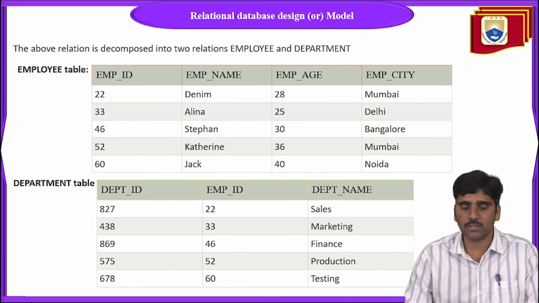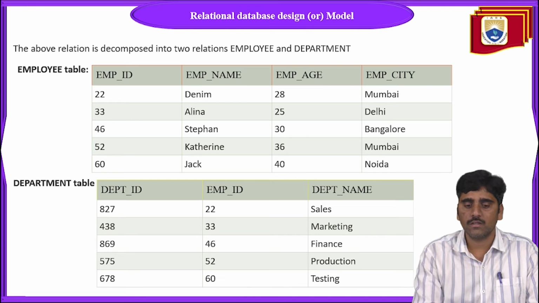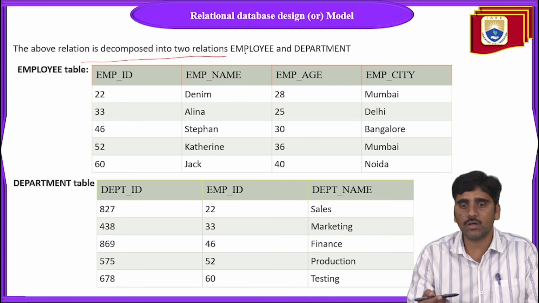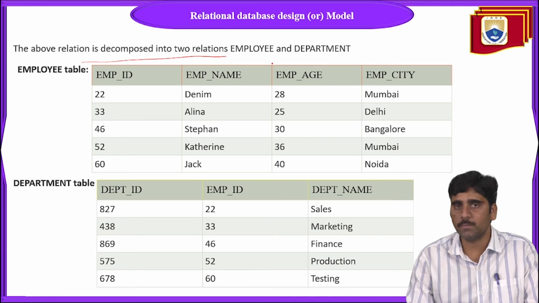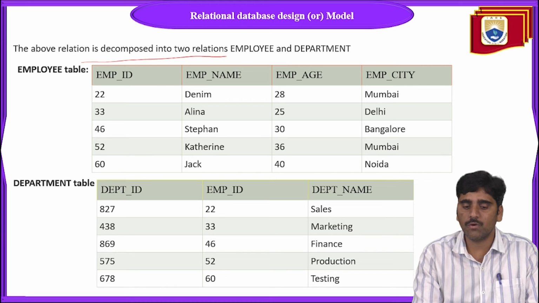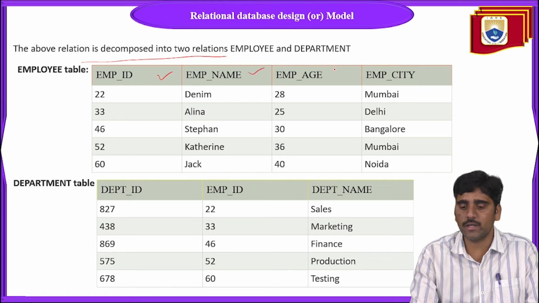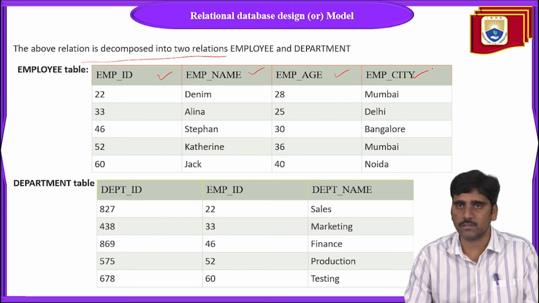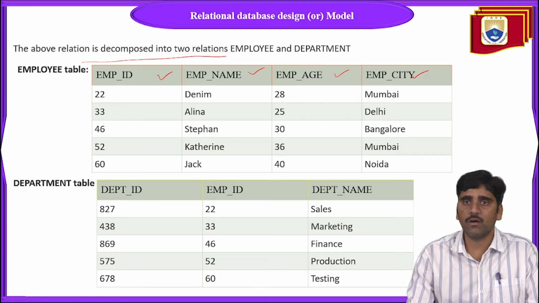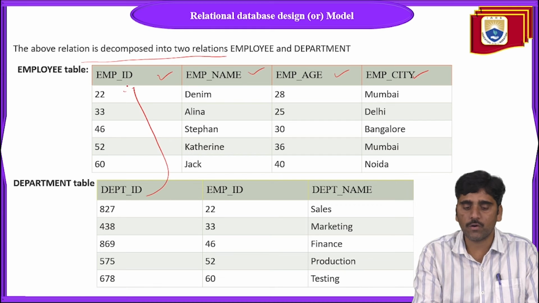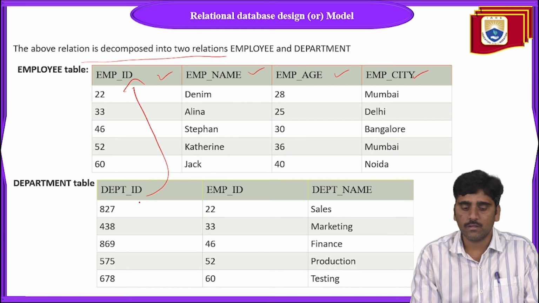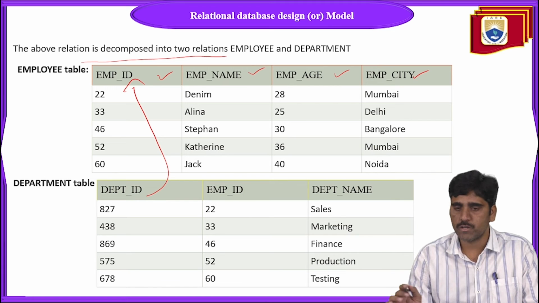The decomposed tables look like this. The above relation is decomposed into two relations, employee and department. The employee table contains employee ID, employee name, employee age and employee city. In the department table, the department ID also depends upon employee ID, so it has the attributes department ID, employee ID and department name.